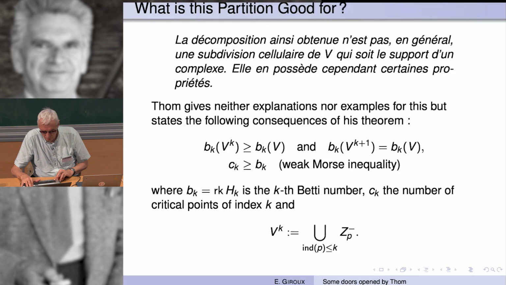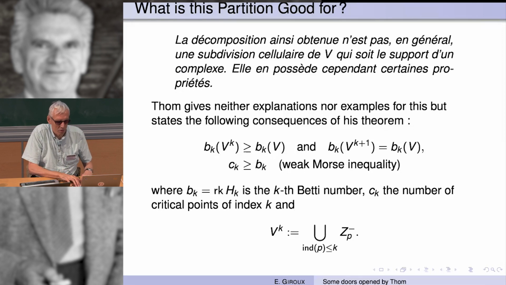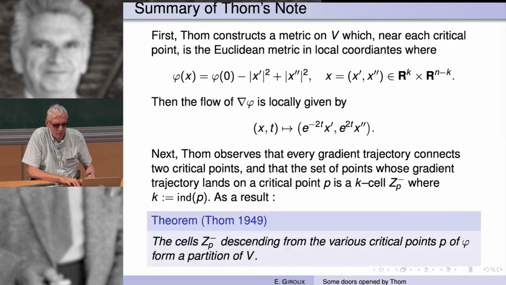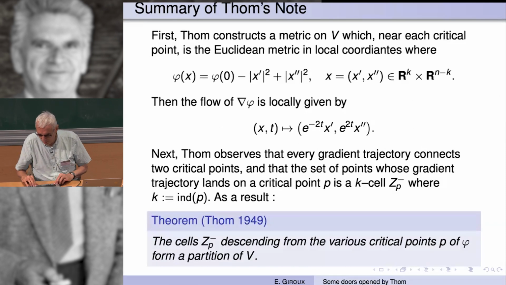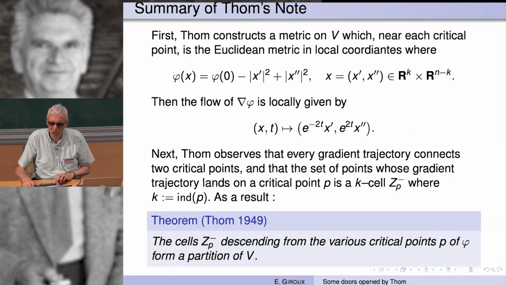The first thing is that he constructs a metric on the manifold, which near each critical point is just the Euclidean metric in the Morse coordinates.